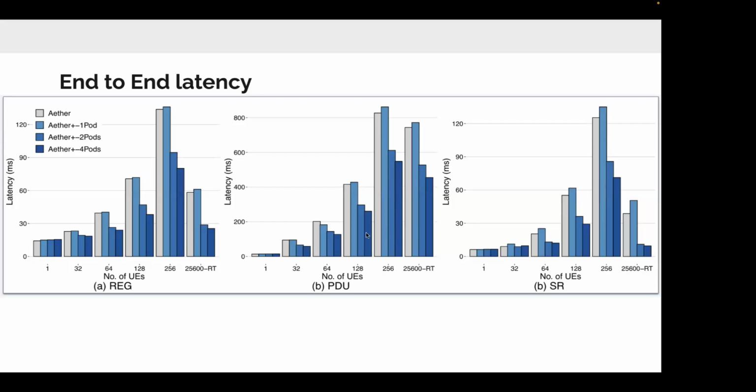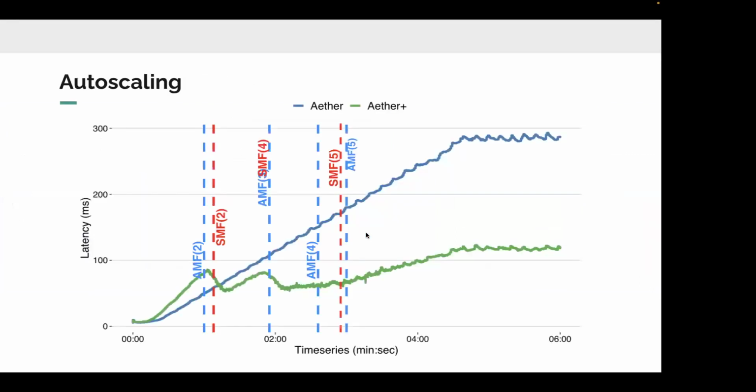To test it in a more realistic scenario, here I'm showing you the horizontal pod auto-scaling feature of Kubernetes, where based on some load, Kubernetes automatically spins up more pods. For this experiment, we are using CPU as a threshold to spin up more pods.